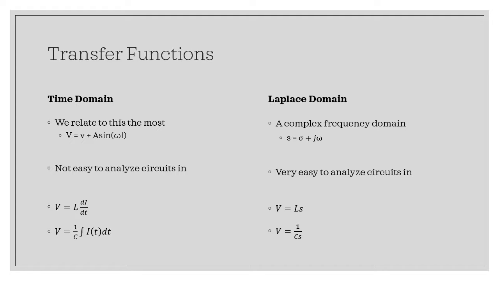We went from a derivative when we're looking at inductors to just the value of the inductor times our Laplace variable S. The capacitor just becomes 1 over C times S. We don't have to look at integrals or derivatives. We could ignore that. We see that as S increases, the voltage across an inductor also goes up. And we see as S increases, the voltage across a capacitor goes down.